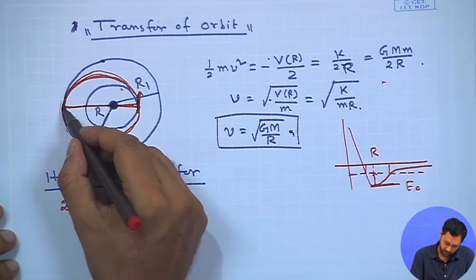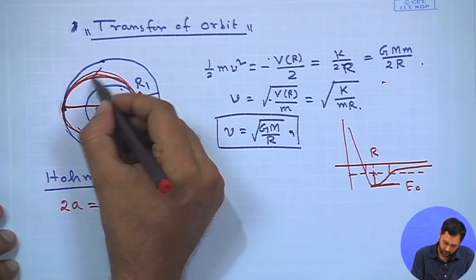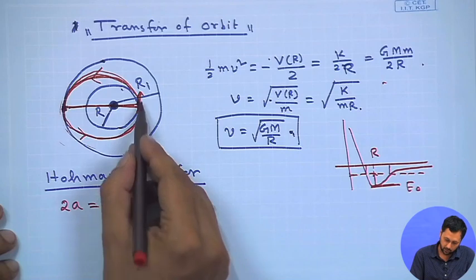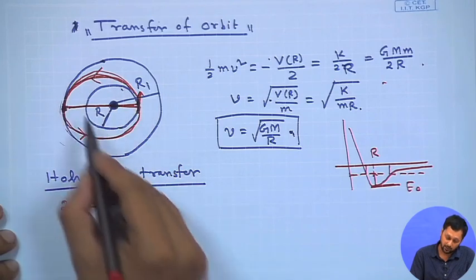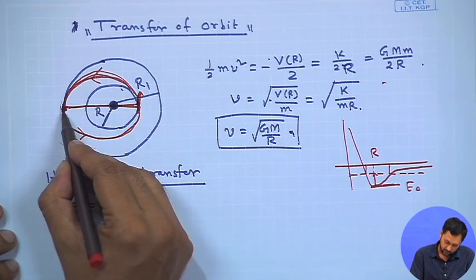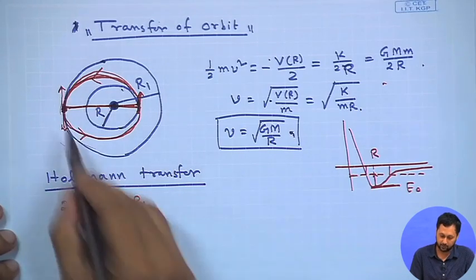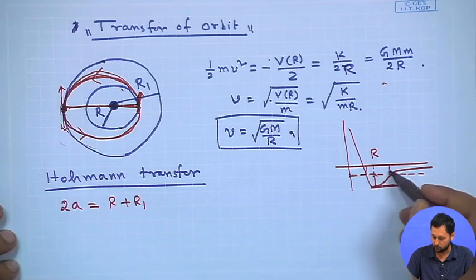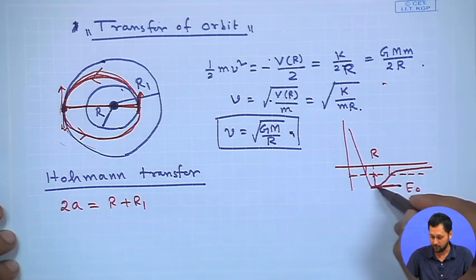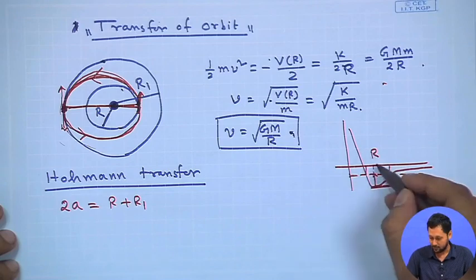That means, if this is the direction of the satellite, the rocket will fire in this direction. This is needed because once again we have to go down to this particular energy level, but this time with another r.